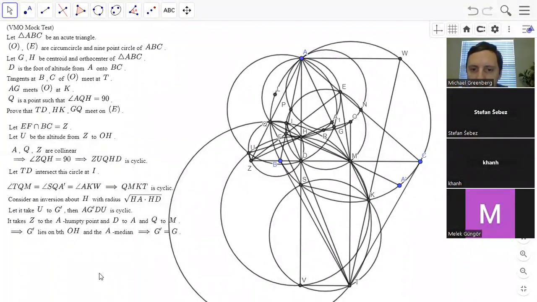Yeah, me too. So I guess we could let TD and HM meet at a point, and then we want to show that lies on the polar of M.